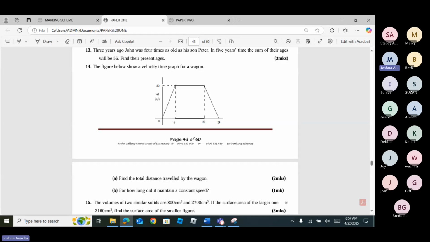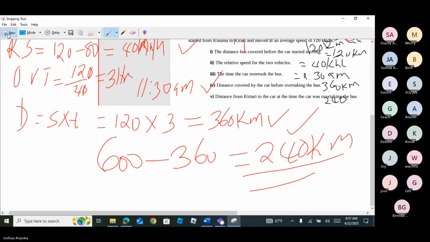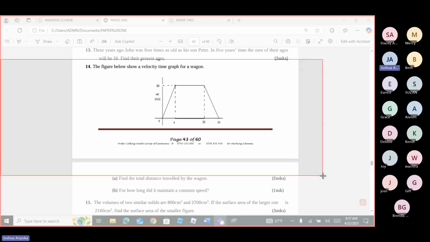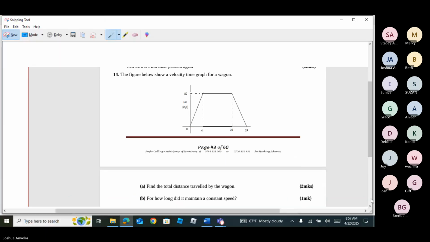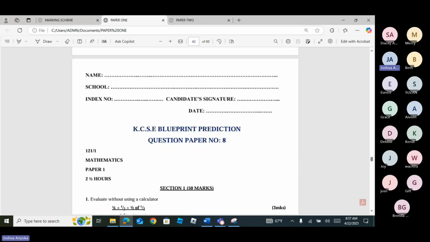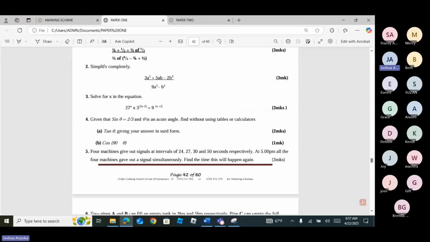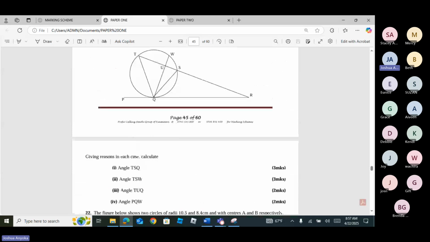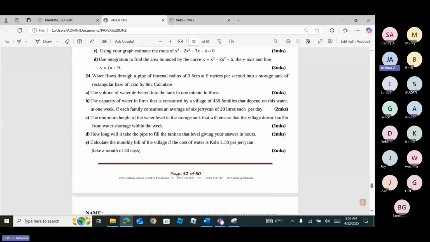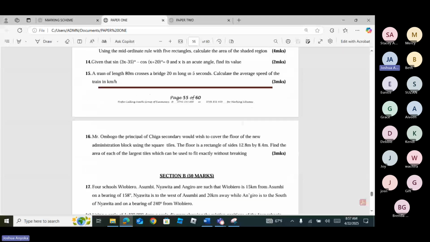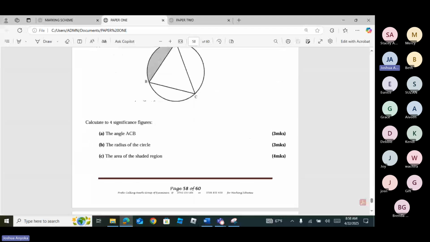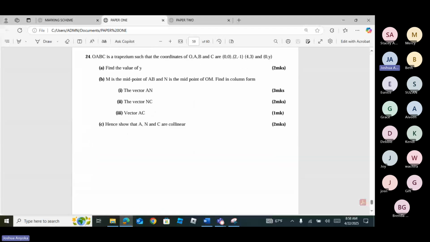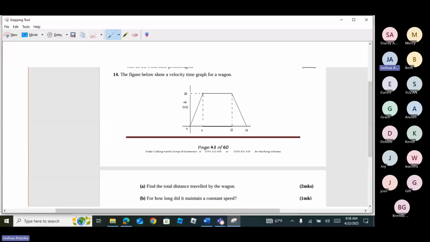Question 14. Trial paper 8, question 14. Let us see how it is behaving.